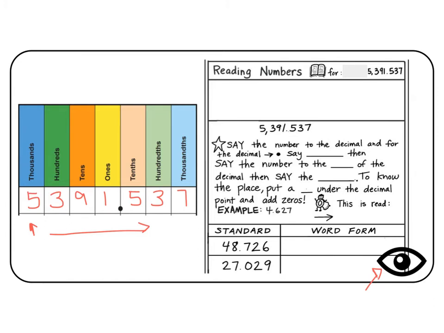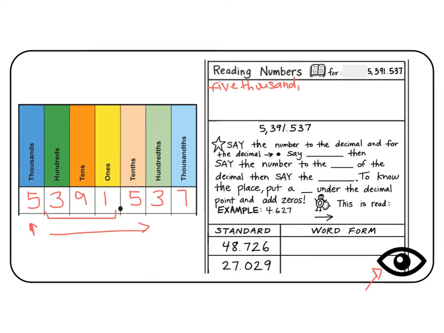So this number is 5,000. So I'm going to write 5,000. Then I put my comma. 391 go together in one period.